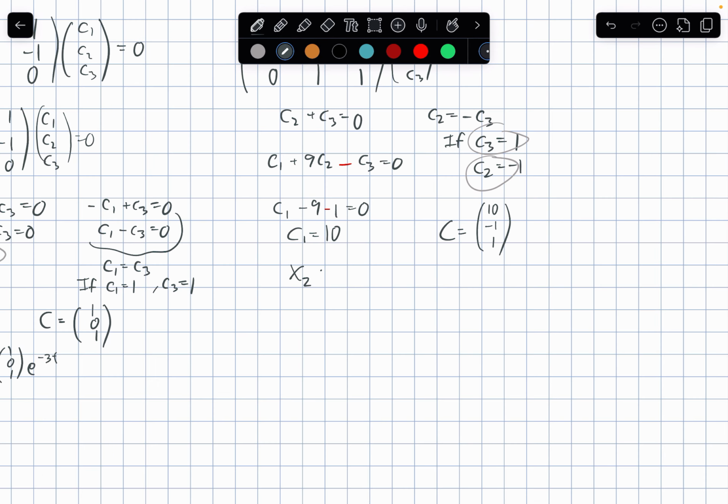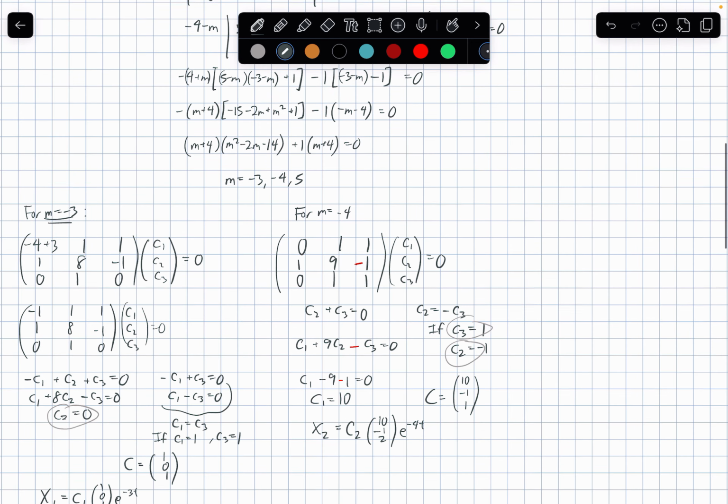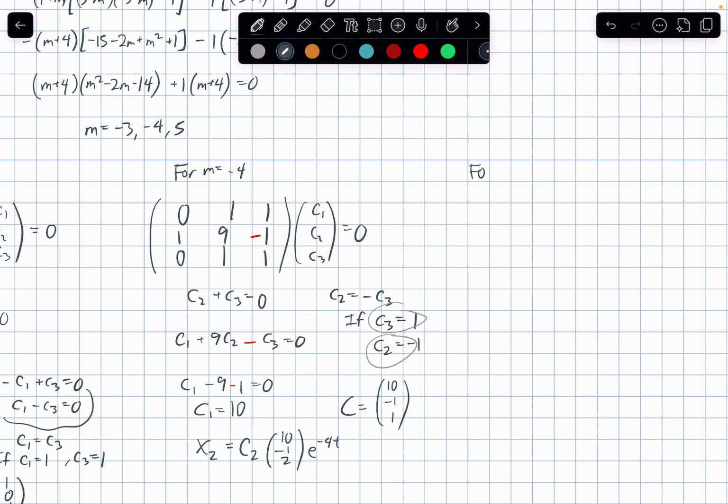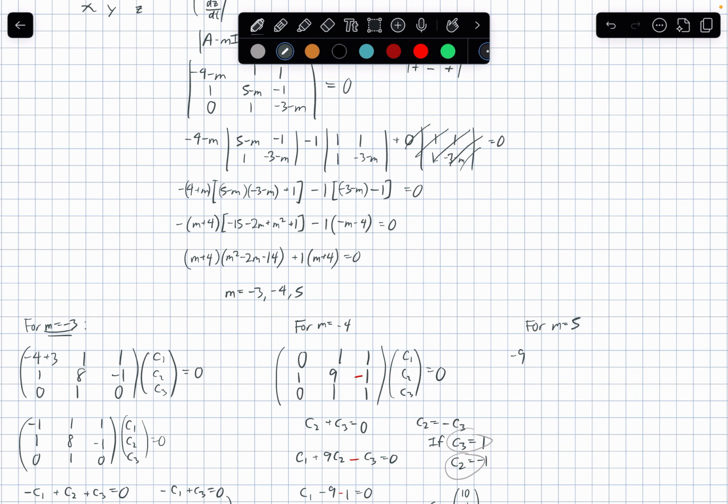So we're gonna label this as x2 equal to c2, and then our second vector e raised to mt, m being negative 4. Okay, now for m equal to 5, negative 4, negative 9, 1, 0, 1, 1, negative 1, 1, 5 minus m, 5 minus 5 is 0, negative 8.